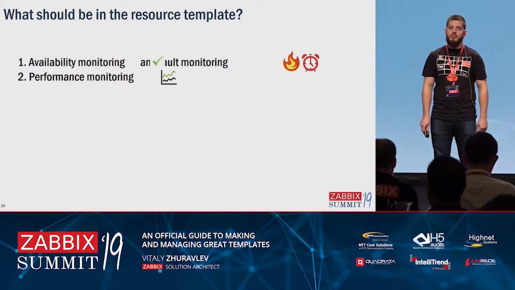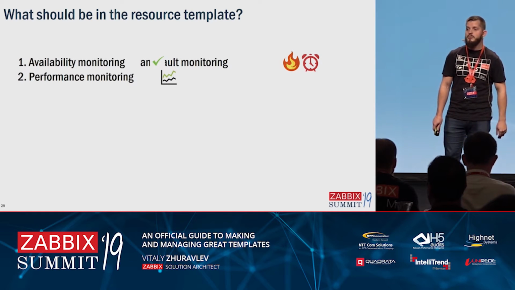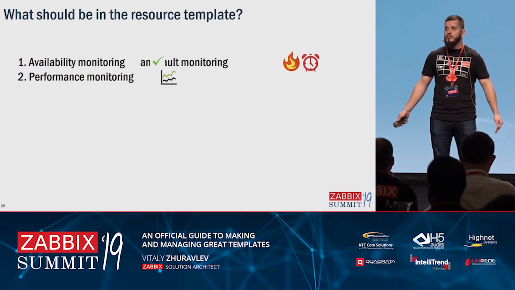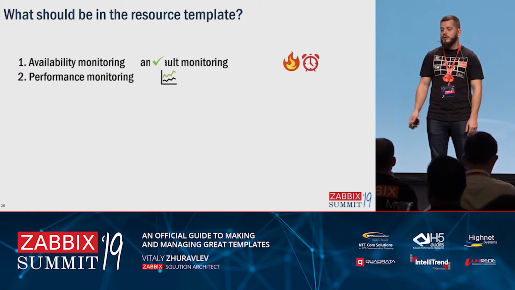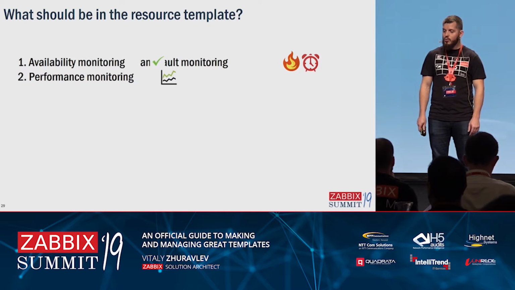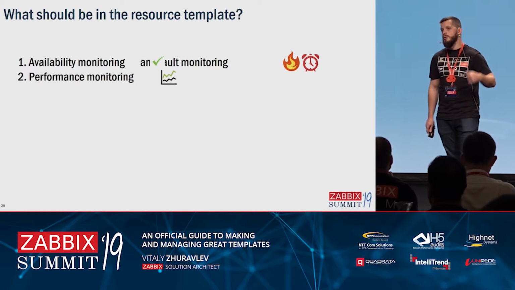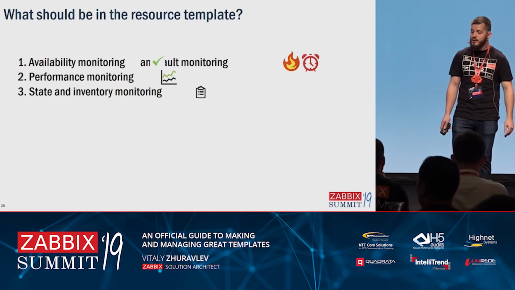When this is done, you can proceed to the performance monitoring of the resource, because then you can get the answers about why the resource is slow now or was slow in the past.